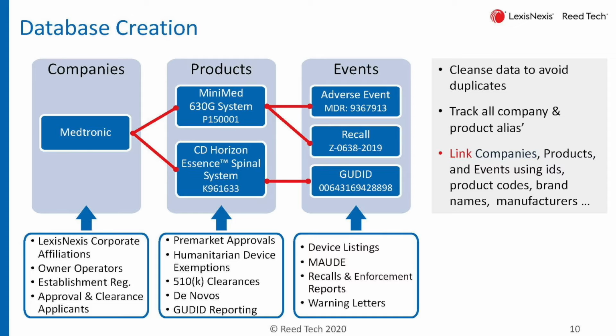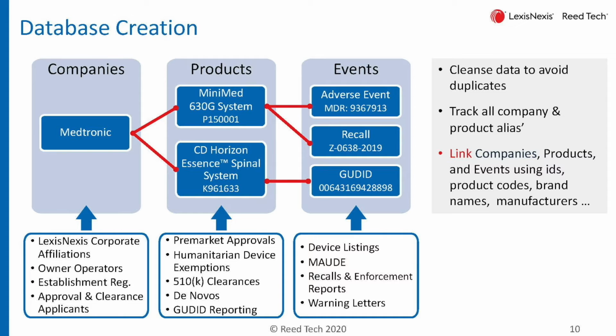We start with identifying all the medical device companies by looking at the FDA establishment registrations and owner operators, along with the FDA approval and clearance applicants, using those as our primary sources. We then use the proprietary LexisNexis corporate affiliations database, something that obviously we have access to as being part of LexisNexis, to help identify ultimate parents, subsidiaries, and generally how the companies are relating to each other.